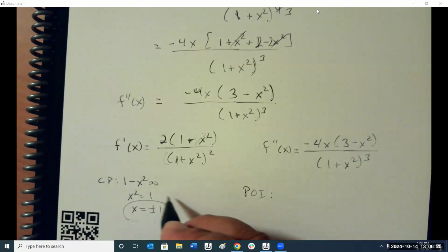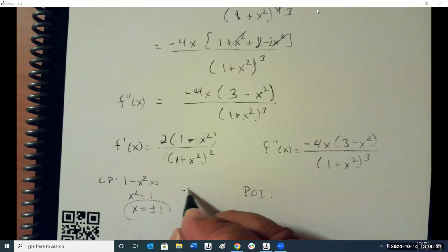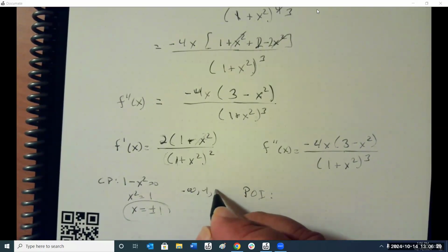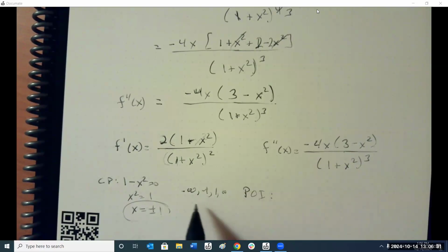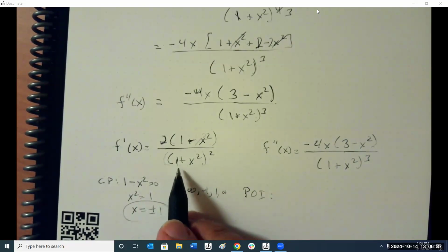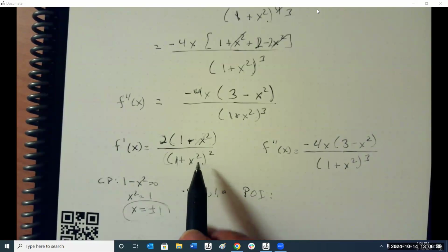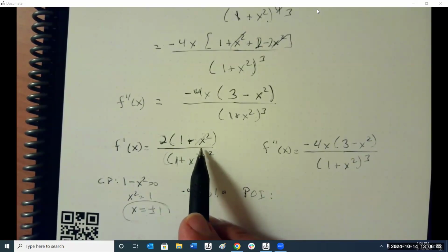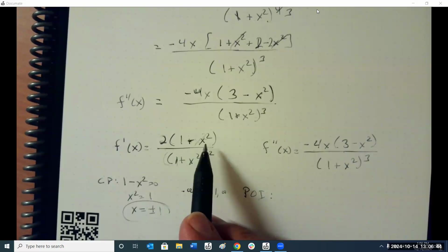So I'm going from negative infinity to negative 1, to 1, to infinity. If I put negative 2 in there, I get 25 on the bottom and negative on top.